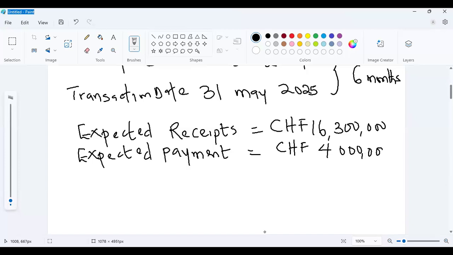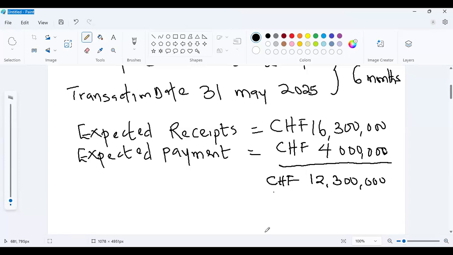Like we explained, where you have 2 transactions in the same currency and the same future period, what you are expected to do is to net off. When you net off the CHF, this will give you 12,300,000. This is the amount we are going to now hedge.